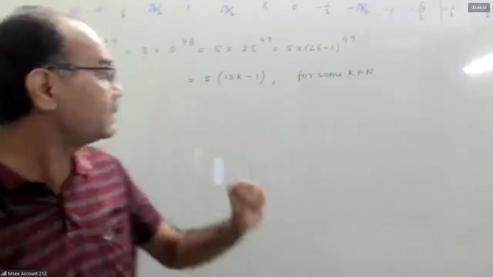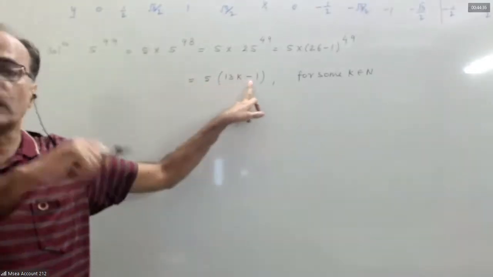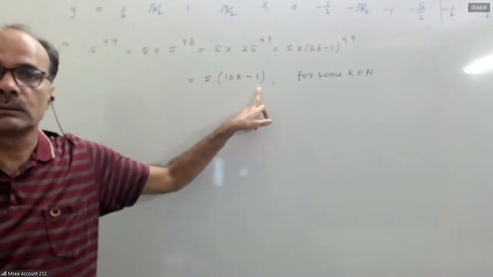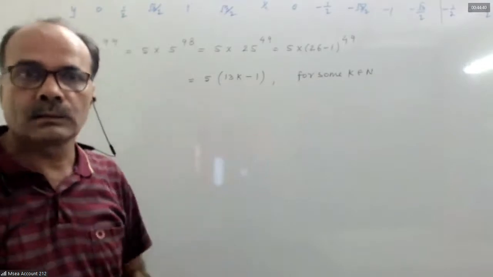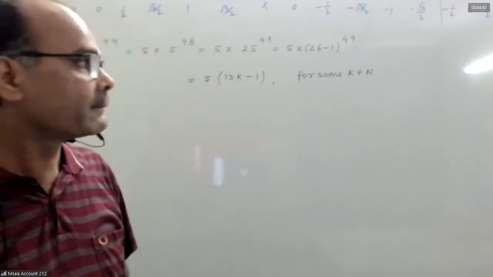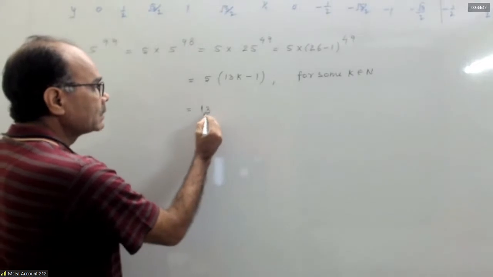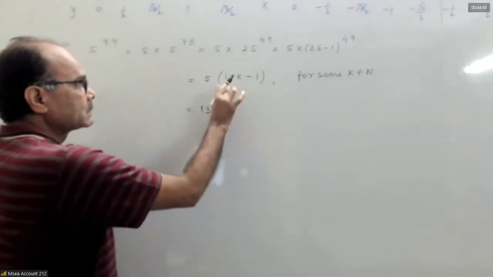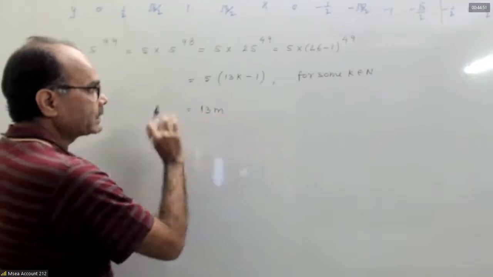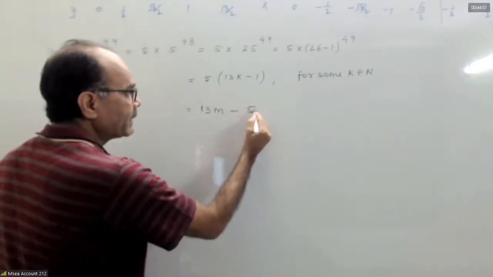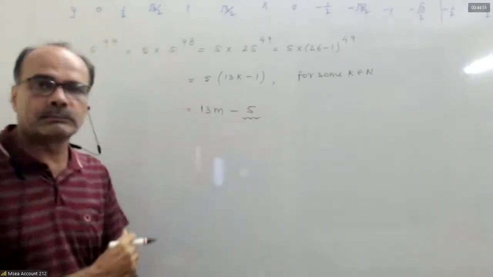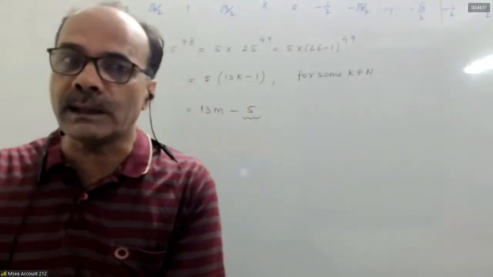49C49 into minus 1 to the power 49. Okay. So now, 13 into 5k, 5k is m, minus 5. Remainder cannot be negative.